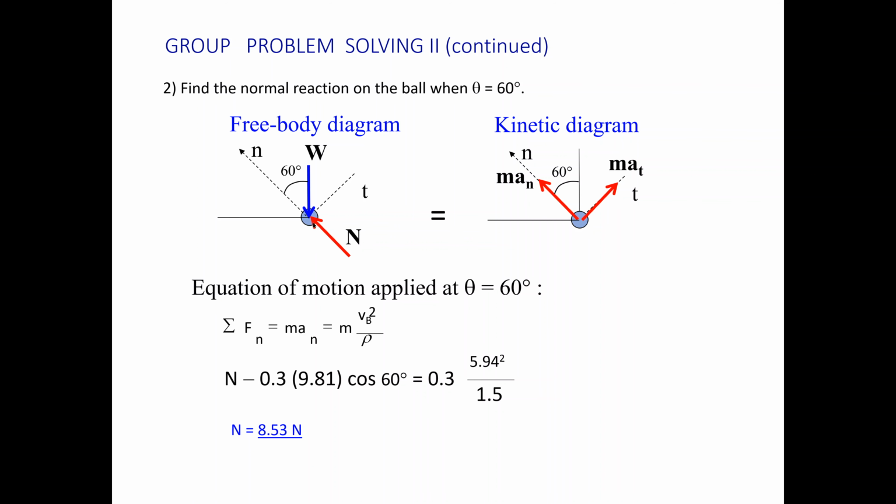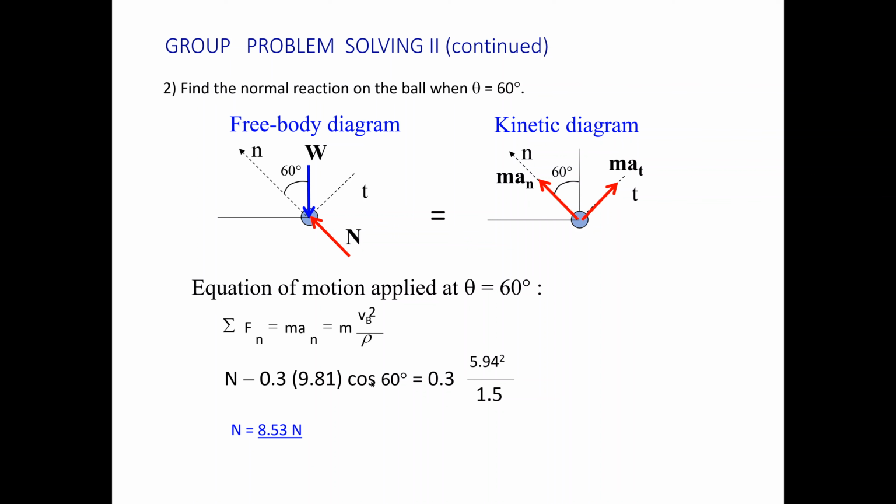But in this case, our new axes are tangential and normal. So now the part of the weight that we care about is this part over here, and it's the cosine because it's the adjacent side. So it's 0.3 times 9.8, which is the weight.